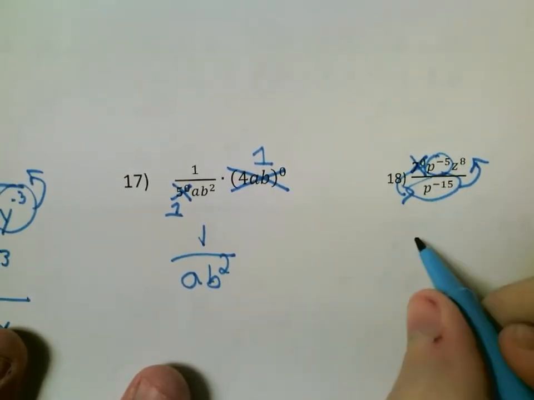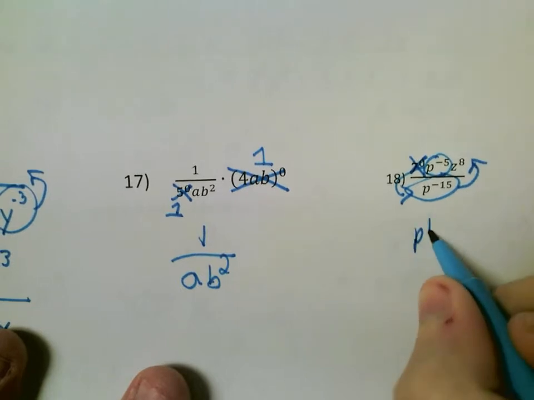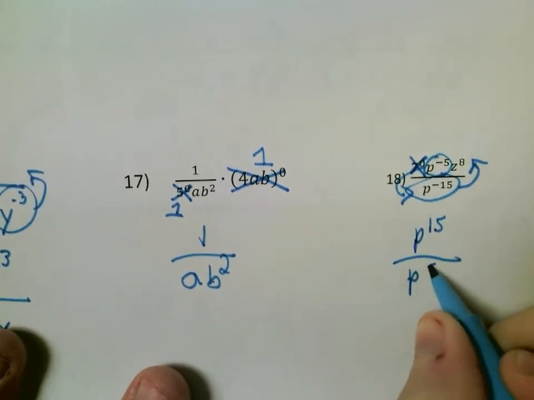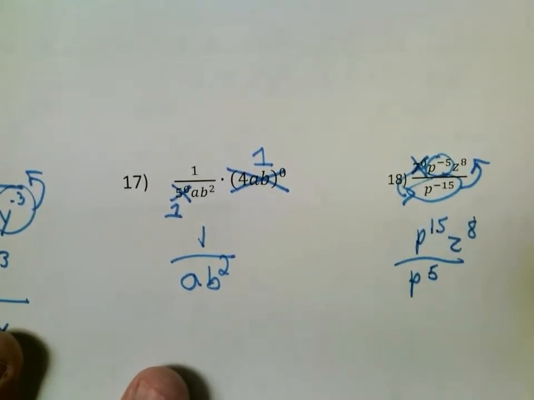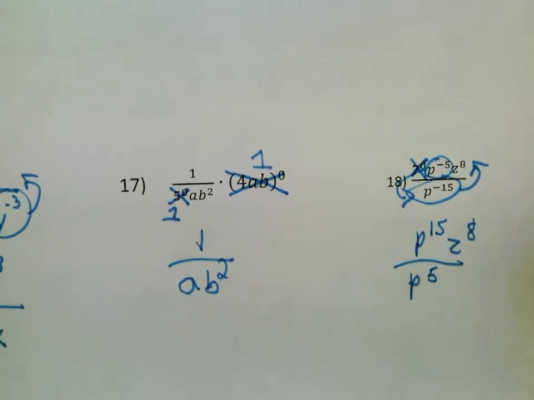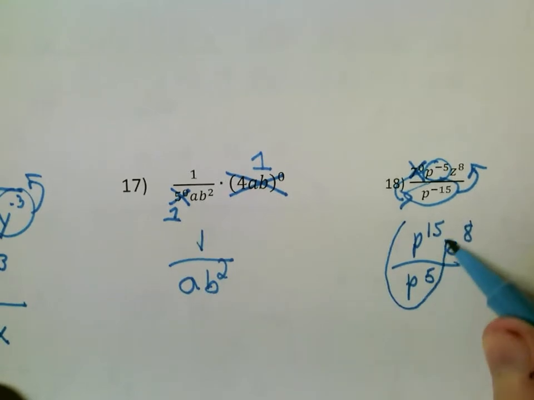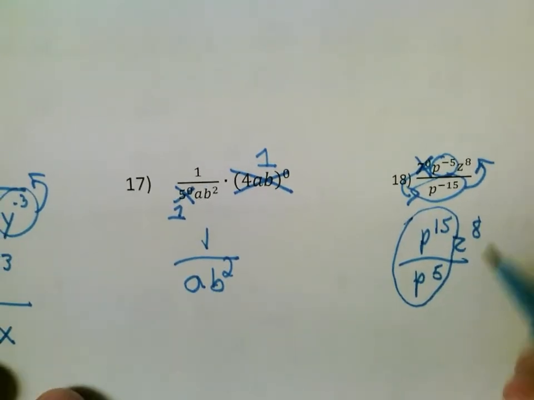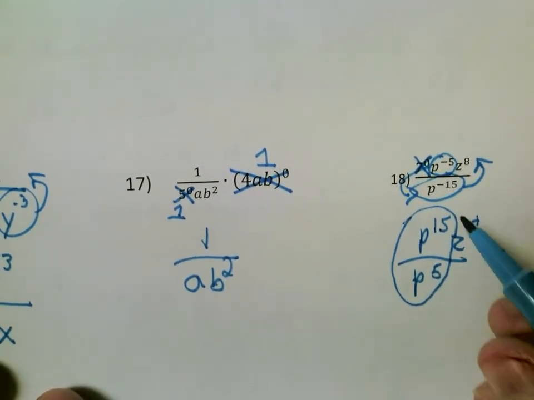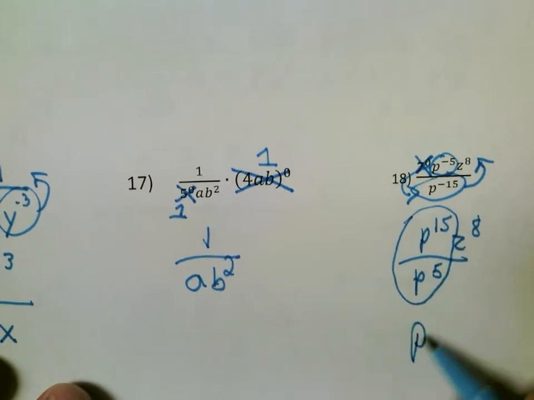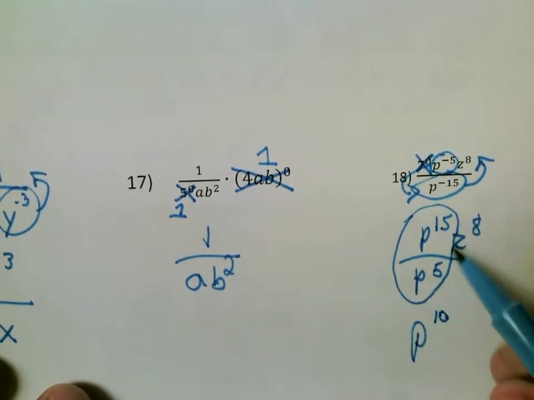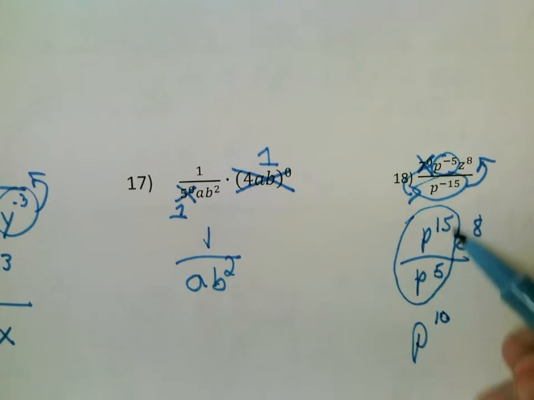This is going to become p to the 15th over p to the 5th, and then the z to the 8th. Once you get it to this point, you do have a p and a p, one on the top, one on the bottom. So remember that that's going to end up being subtraction. So 15 minus 5 gives you p to the 10th. Again, some people struggle with fractions.